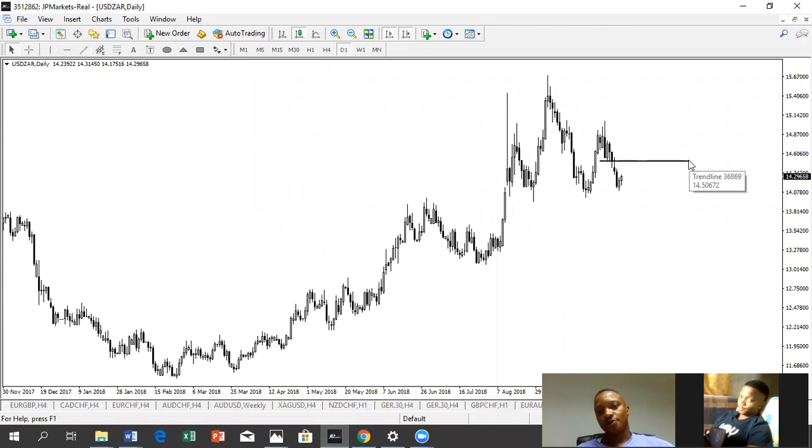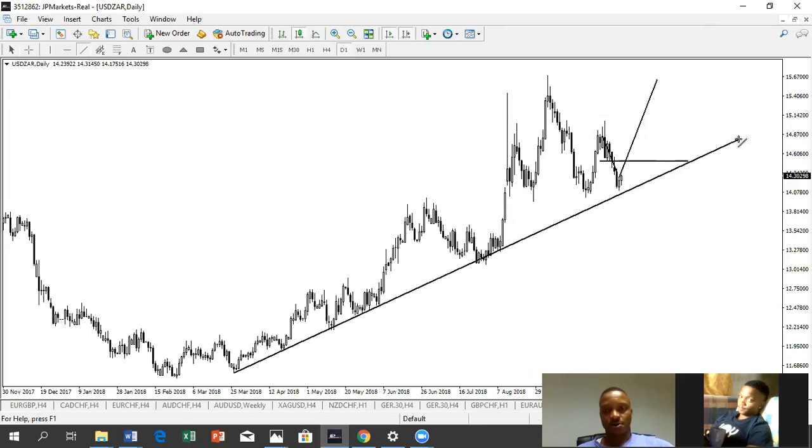Number one, we said price might come down, turn there at the trend line, and then go back up to that level. The trend line I'm talking about is this one.